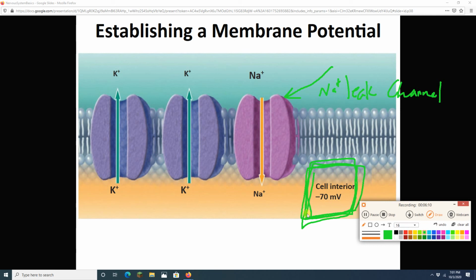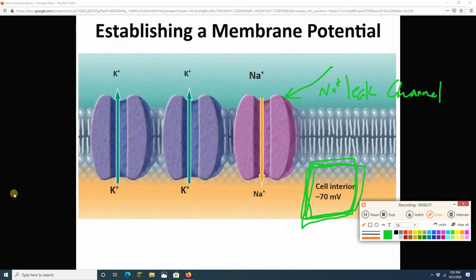Bottom line, there are three things that impact resting membrane potential: sodium-potassium pump, potassium leakage channels, and the sodium leakage channels. These guys are ubiquitous within the neuron. They're found in the dendrites, the soma, and the axons. So they're all over the place. So the whole neuron is going to have a resting membrane potential.